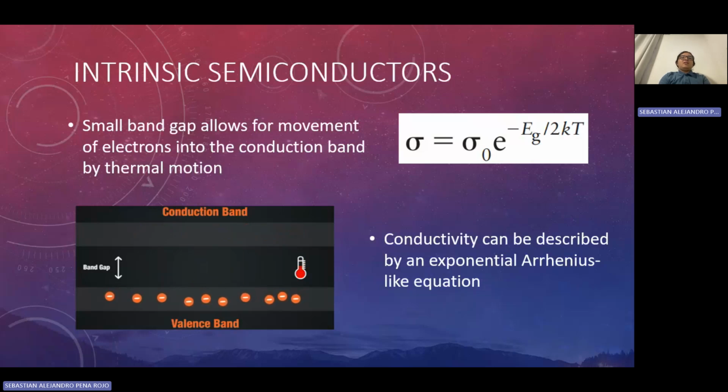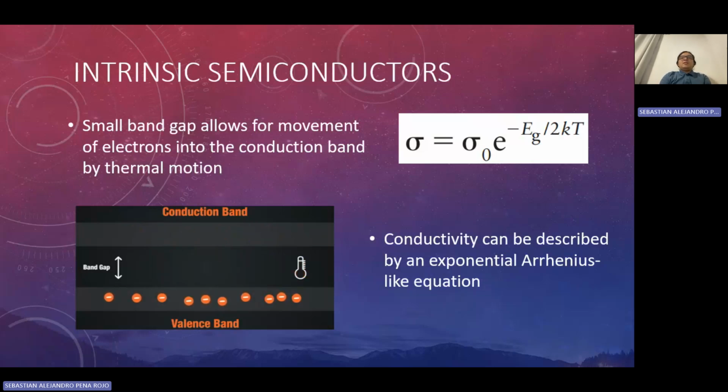We can see here in the GIF that as the temperature increases, the electrons move into the conduction band, creating a negative charge in the conduction band and a positive charge made by the positive holes left behind in the valence band. The dependence of conductivity on temperature can be described by an exponential Arrhenius-like equation.